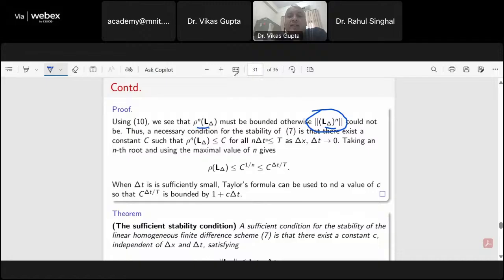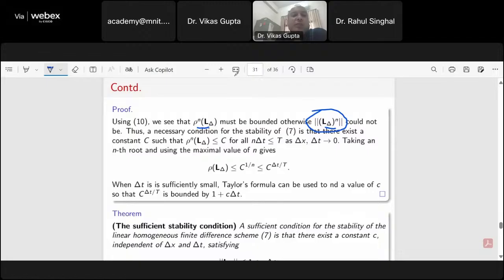Thus a necessary condition for the stability of 7 is that there exists a constant C such that the nth power of rho is bounded by C for all n delta t less than or equal to T as delta x, delta t approach 0, and that constant C should be independent of these mesh parameters delta x, delta t and initial conditions.